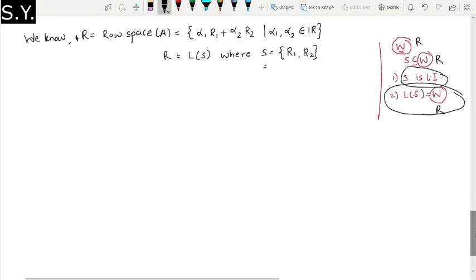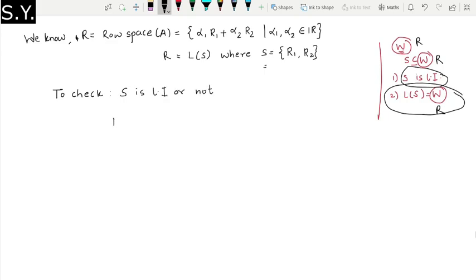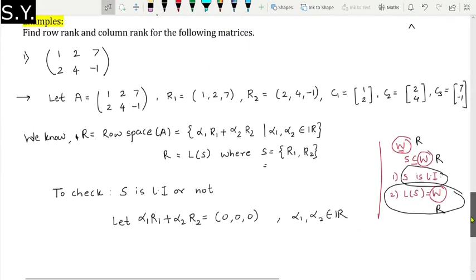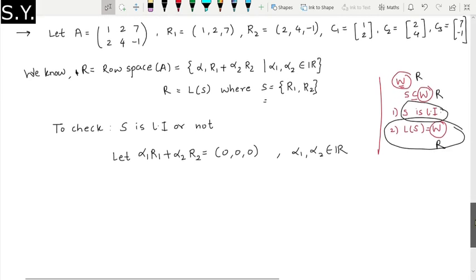So to check S is linearly independent or not, I'll say let alpha 1 R1 plus alpha 2 R2 is equal to 0, 0 and 0, where alpha 1, alpha 2 are real numbers. Just note one thing, since R1 and R2 are elements of R3, therefore over here you are having 0 of R3. Now let us put the value of R1 and R2 over here.